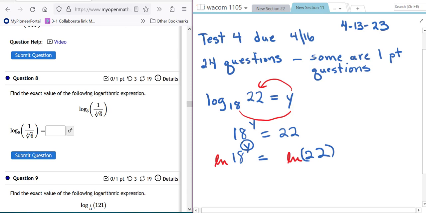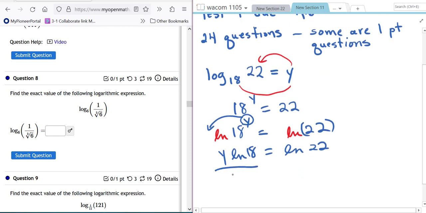And that will make the exponent come down. So we have y times ln of 18 equals ln of 22. And then you're going to solve for y. So you are going to divide on both sides by the natural log of 18. That is the exact answer.